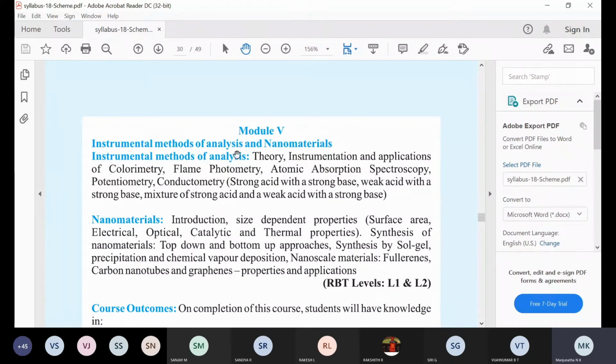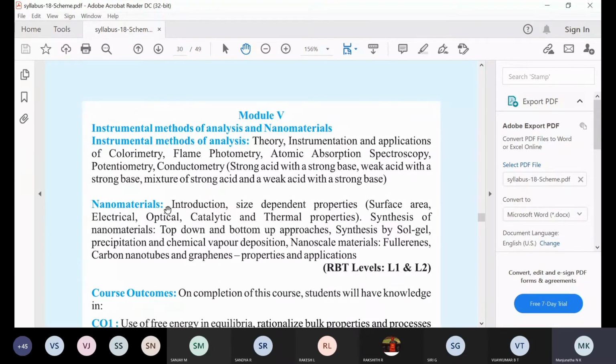So this is the first unit in Module 5, that is instrumental methods of analysis. Coming to the next unit in the same Module 5, that is nanomaterials. In nanomaterials, we are going to study first the properties of nanomaterials on the basis of their size.